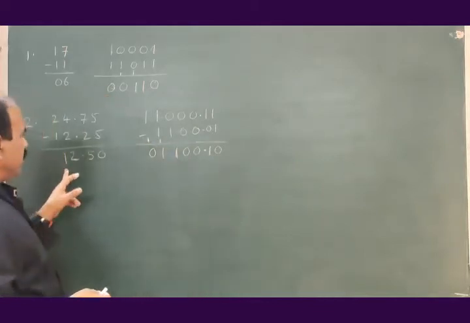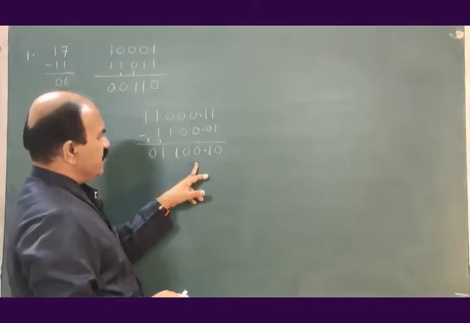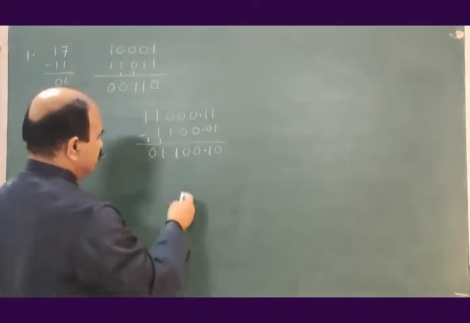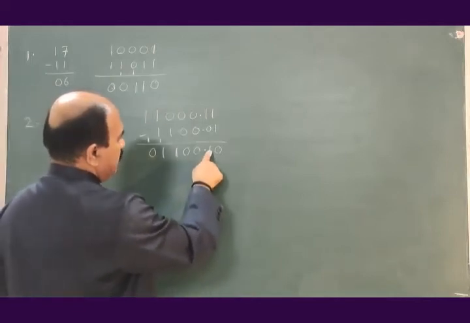What is the answer here? 1100.10. This is 4, this is 8, 12 is correct.